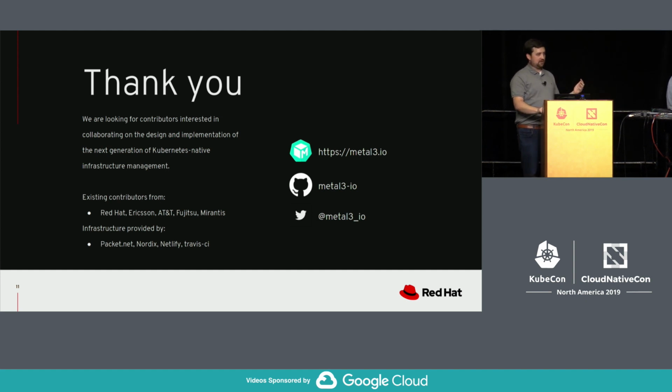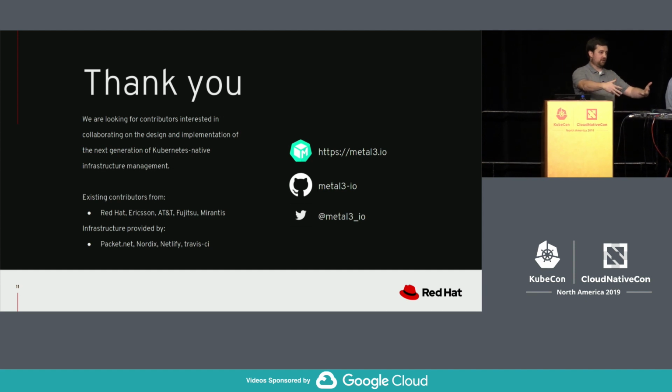Like in OpenShift, we do things a little differently where we have an installer that runs a process to get the cluster up and running just enough, and then we move the components into the cluster. So you get just enough running, and then it moves into the cluster, if that makes sense. There's a bootstrapping process that gets you there. So it's not magic. It's a bootstrapping process that gets you up to a running cluster with the components running inside of it.